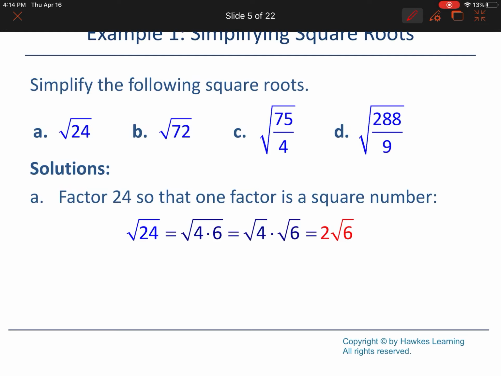Although possibly when you were thinking about 24 and factoring it, maybe you thought to factor it as 3 times 8. And there are no perfect squares there. And then you would have to keep going, right? And we do eventually get that 4, but doing a prime factorization is another method of doing this.